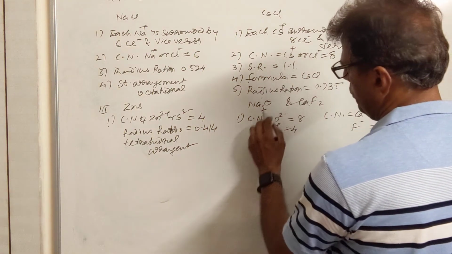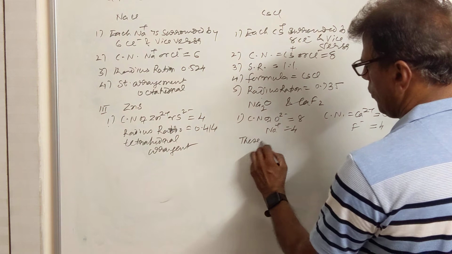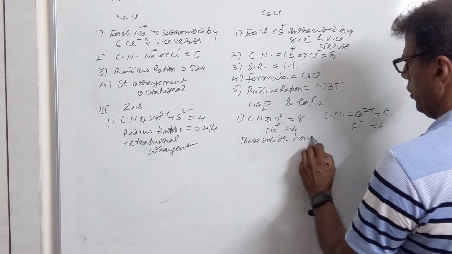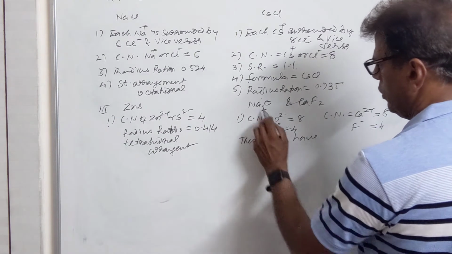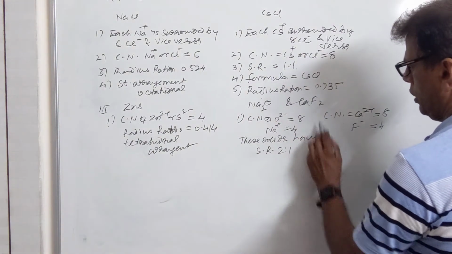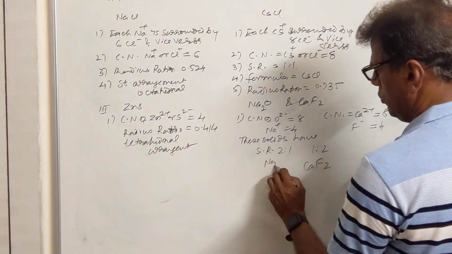These solids have different stoichiometric ratios. This one is 2:1, and this one is 1:2. That's why this formula is CaF2 and this formula is Na2O.